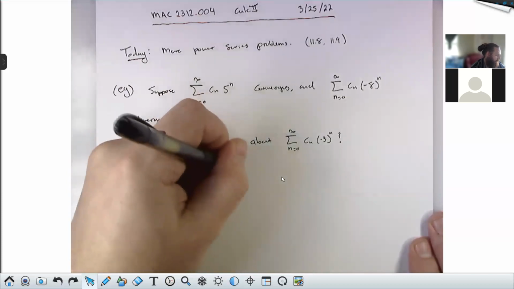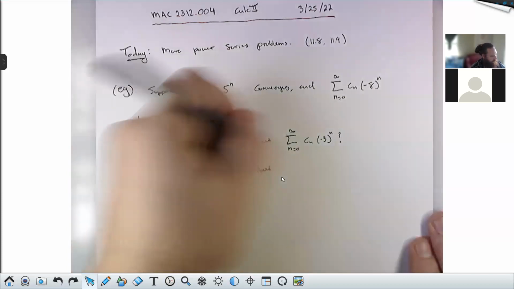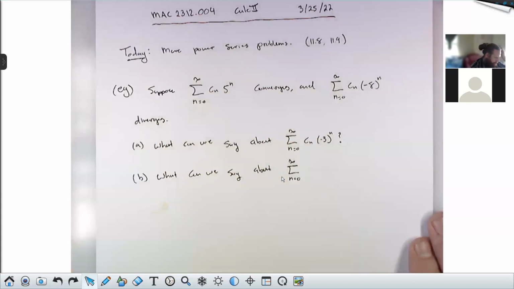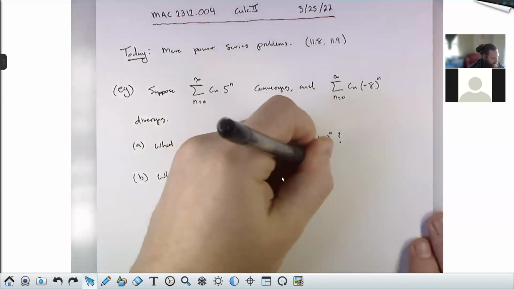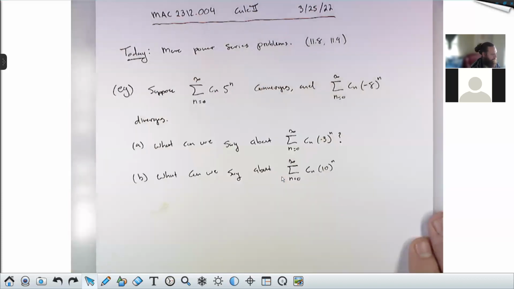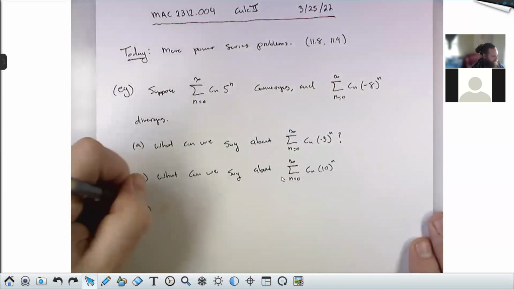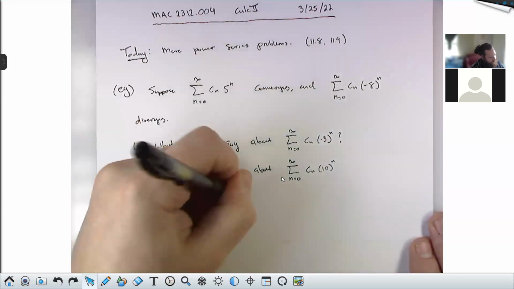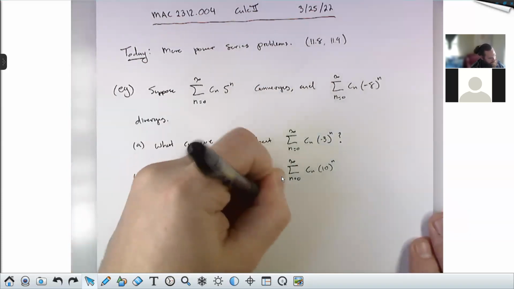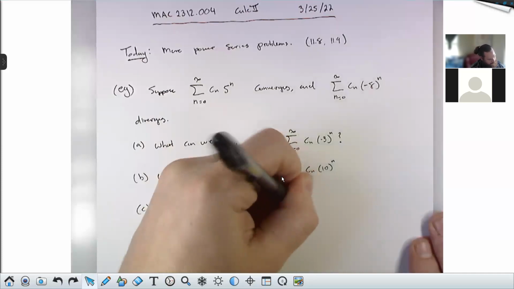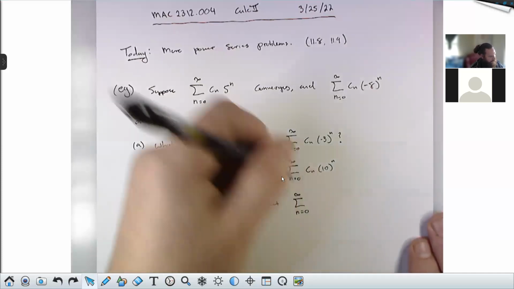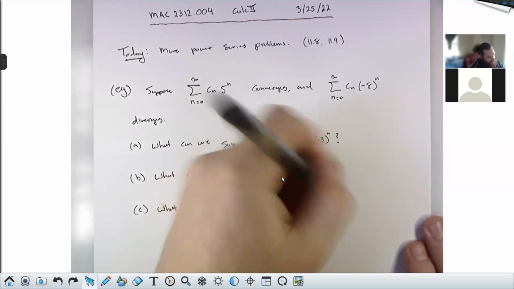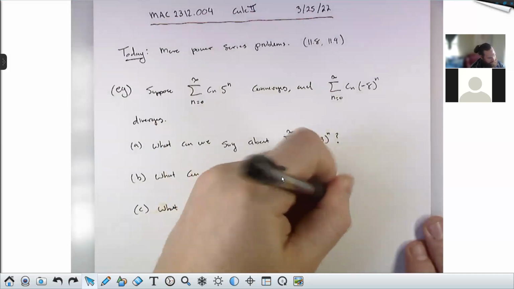What can we say about the sum from n equals 0 to infinity of Cn times 10 to the n? Let's say negative 6 to the n.